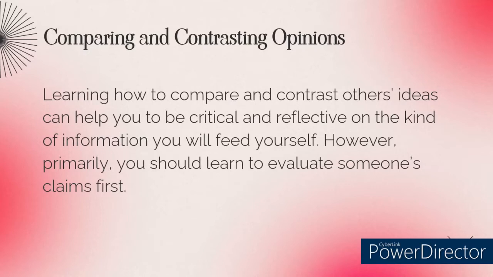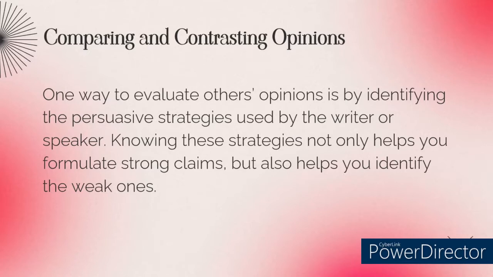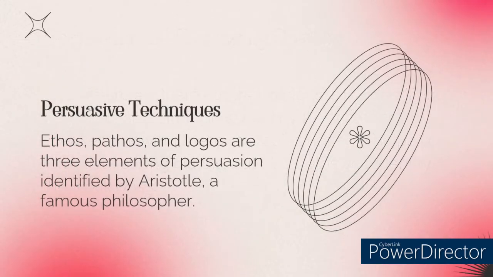However, primarily, you should learn to evaluate someone's claims first. One way to evaluate others' opinions is by identifying the persuasive strategies used by the writer or speaker. Knowing these strategies not only helps you formulate strong claims, but also helps you identify the weak ones.